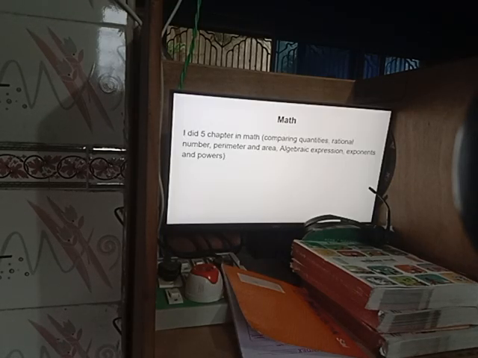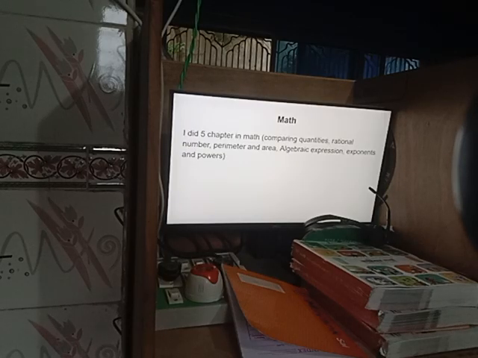And polynomial: an algebraic expression with one or more terms is called a polynomial. So monomial, binomial, and trinomial are all polynomials.